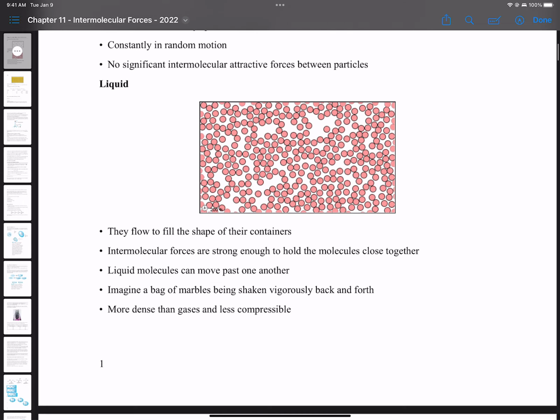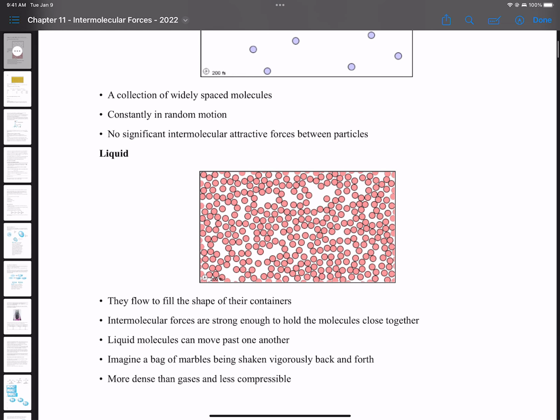Now, we talk about liquid, that's a little bit different. If you take a snapshot of a liquid, just imagine that these molecules are vibrating in space. Liquid molecules are allowed to flow, so they do have space in between them, but they kind of move together like a unit. It's a cohesive action here.